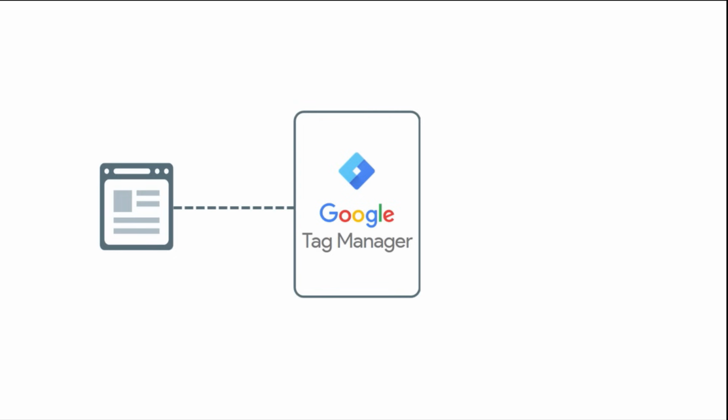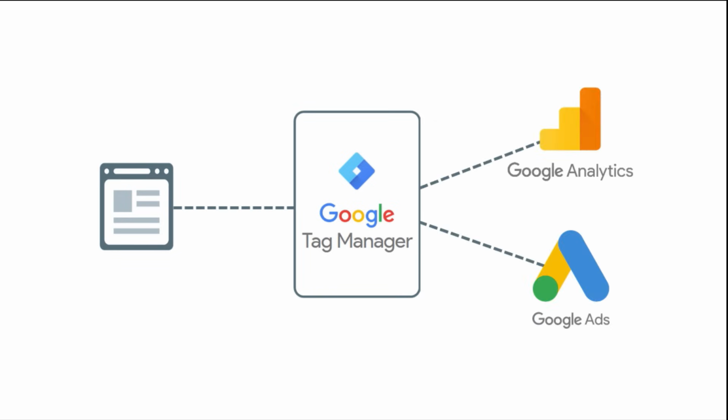And for example, if on a website, a visitor clicks a button, and you want to track that as a Google Analytics event, you can do that because Google Tag Manager will activate a Google Analytics tag and will send that information about the click to further tools. So basically, Google Tag Manager is a middleman between your website and third-party tools. For example, Google Ads, Google Analytics, and so on.